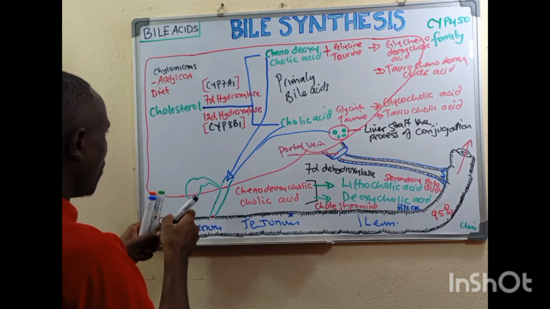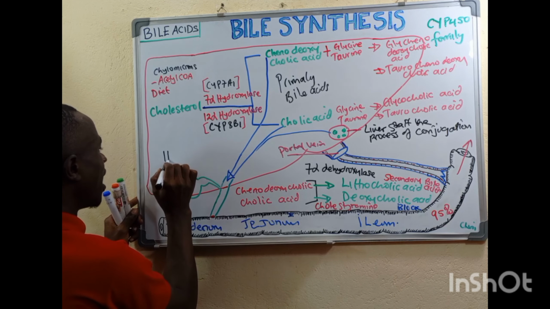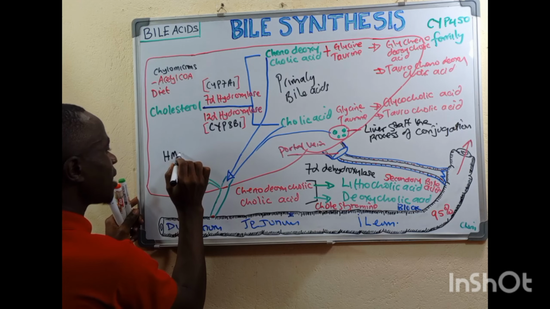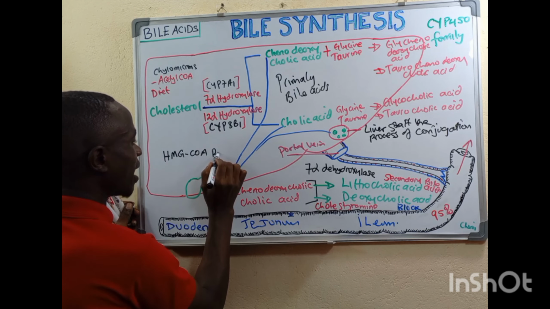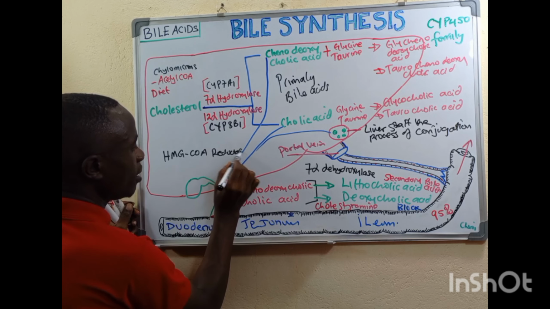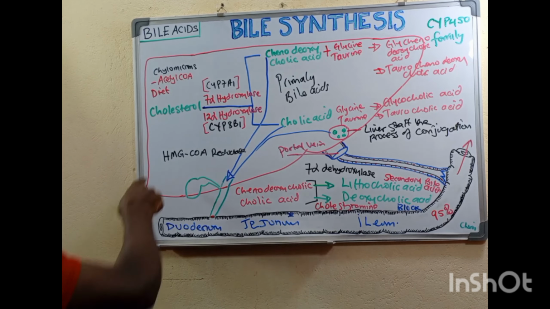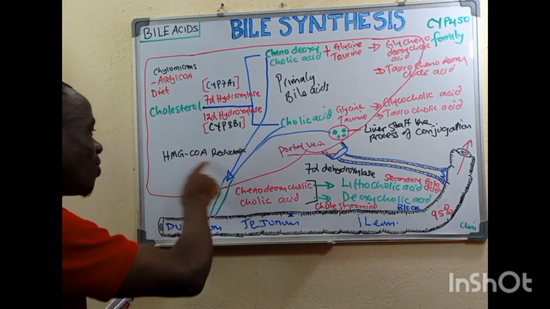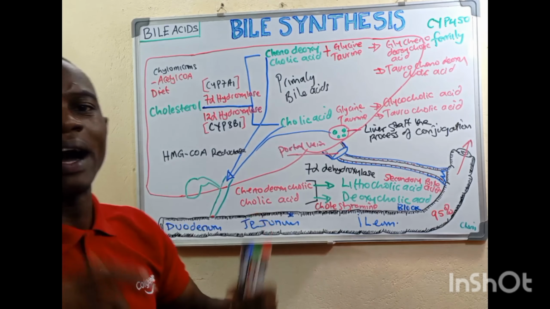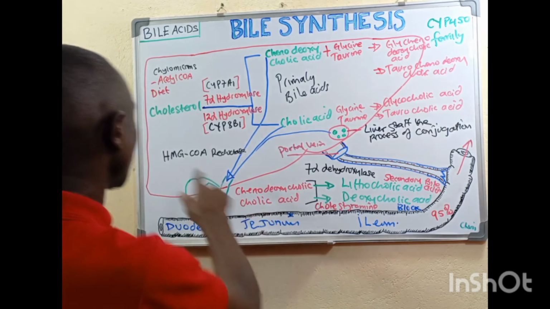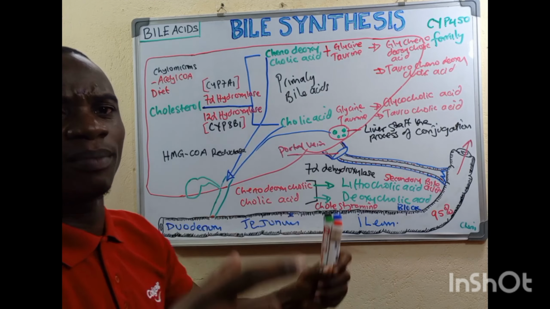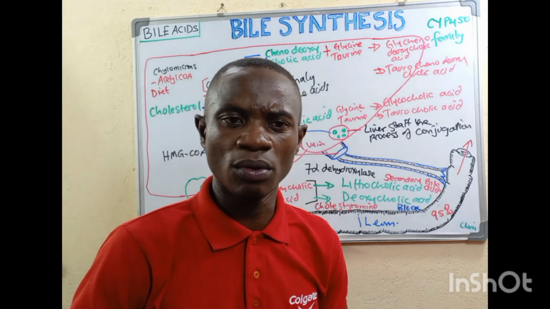This enzyme is called hydroxymethylglutaryl coenzyme A reductase, okay, reductase. So now, if you get a drug that blocks this enzyme, you are blocking the synthesis of cholesterol, because this enzyme catalyzes a rate limiting step in the synthesis of cholesterol.